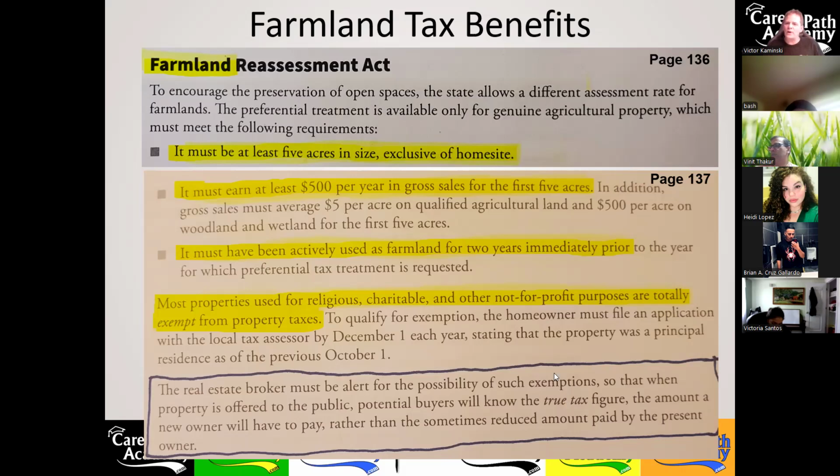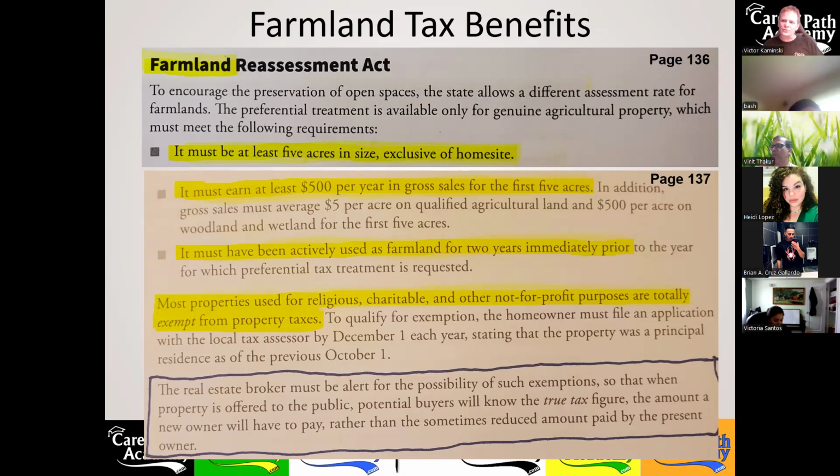So they need to be aware when we put a property up on the market for sale, we don't just ask the owner, how much are you paying in taxes? Because they could be getting a disability reduction, or a reduction because they're seniors or veterans, or they fall into some other category where they get a tax break.